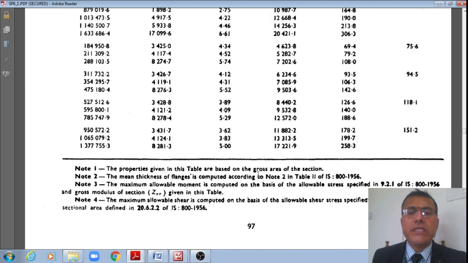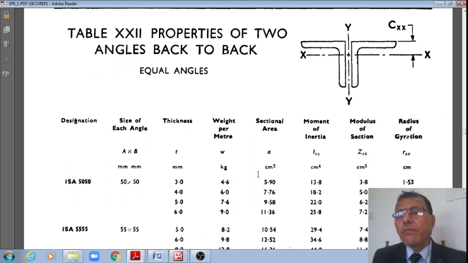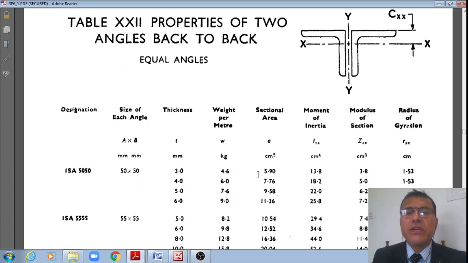Like that you can see. Now for other sections without flanges also, the previous table was with flanges, now this is without flanges.